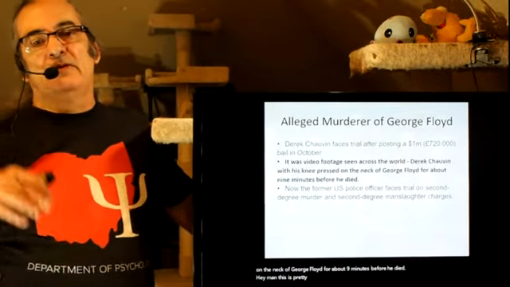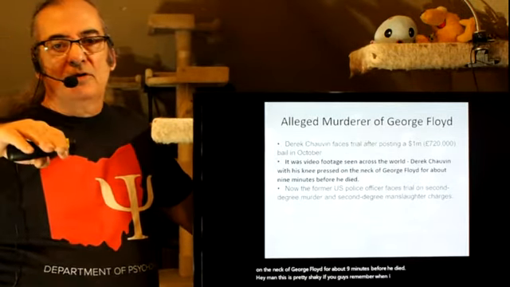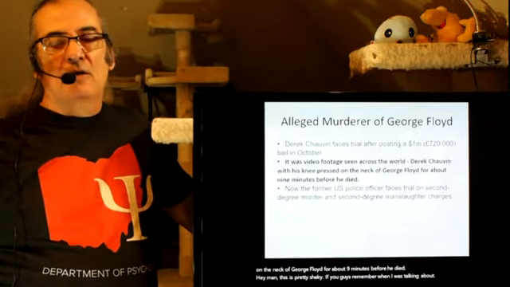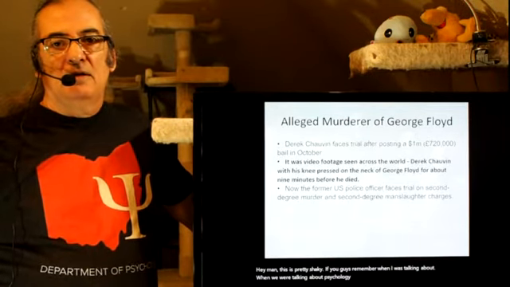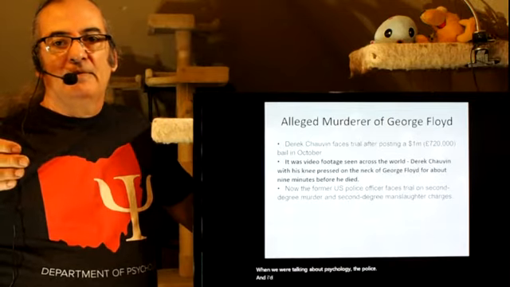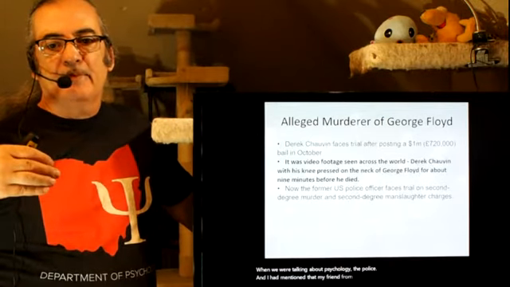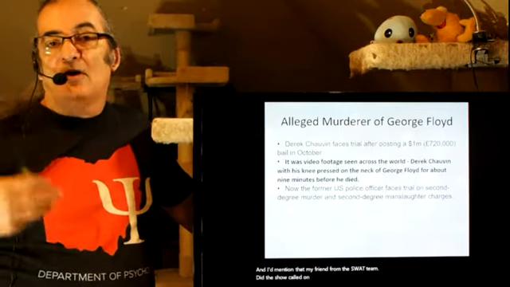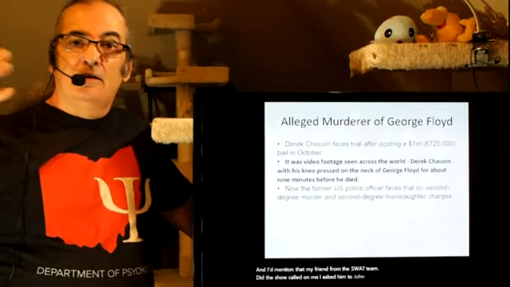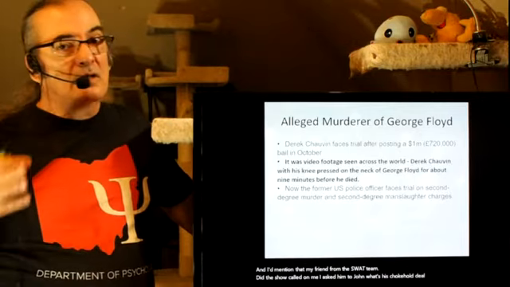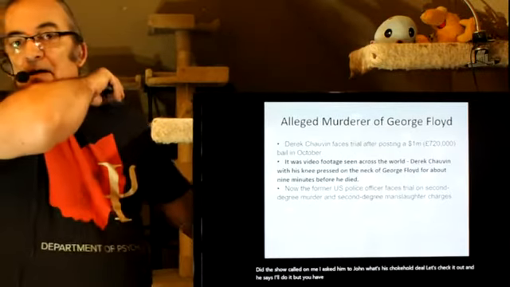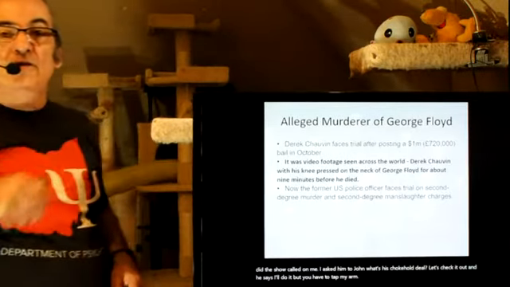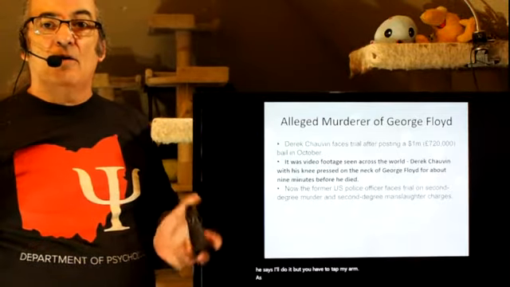If you guys remember when we were talking about psychology of the police, I'd mentioned that my friend from the SWAT team, John, did the chokehold on me. I asked him to. I said, John, what's this chokehold deal? Let's check it out. And he says, well, I'll do it, but you have to tap my arm as soon as you feel yourself going out.